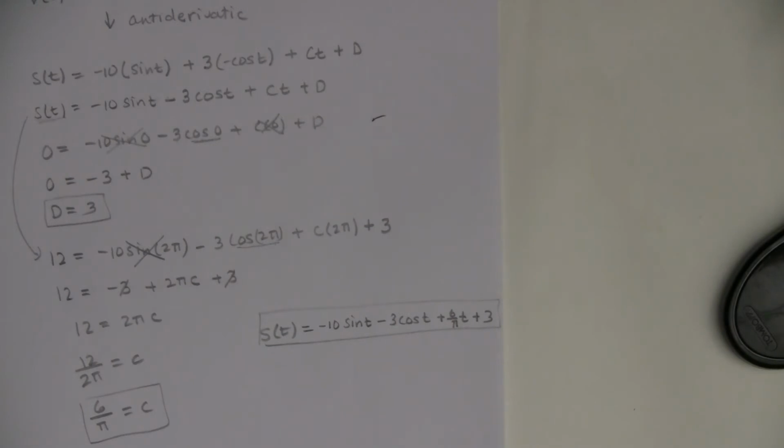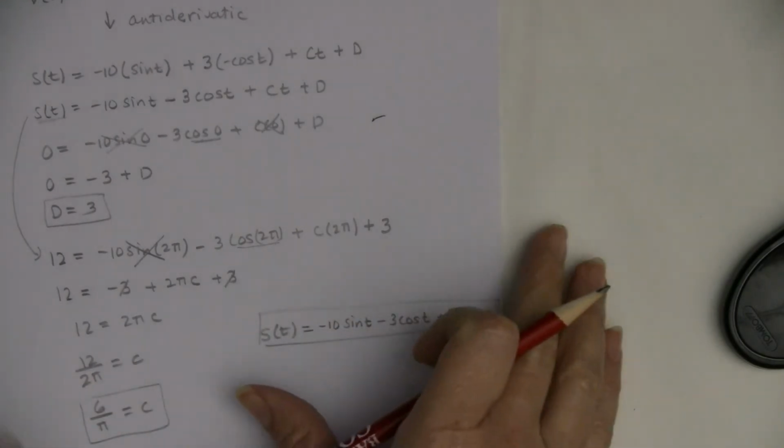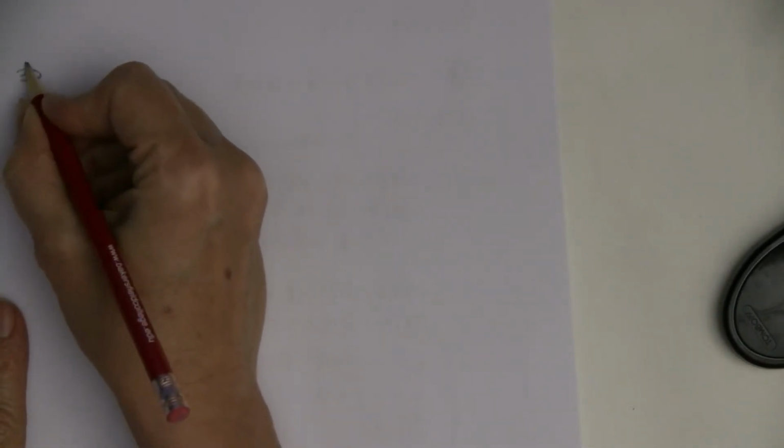I just looked at what the problem was, and was number 30 from the review. So this is the Chapter 4 review, and number 30 was the other one I was asked to do.